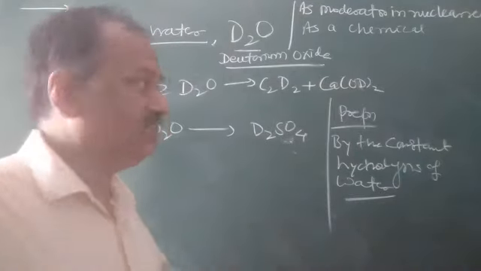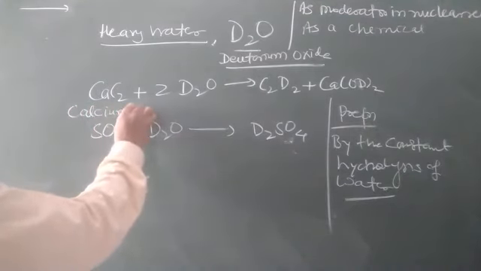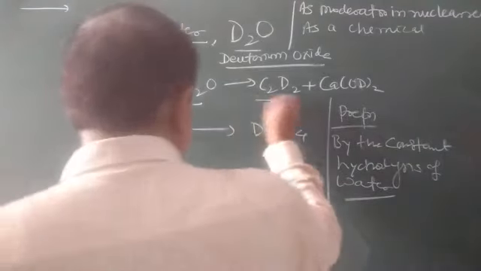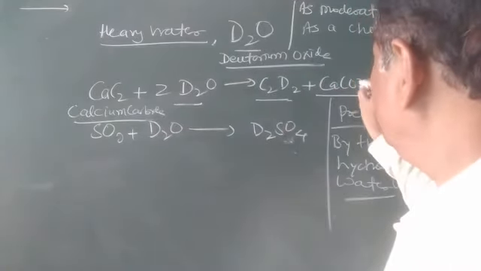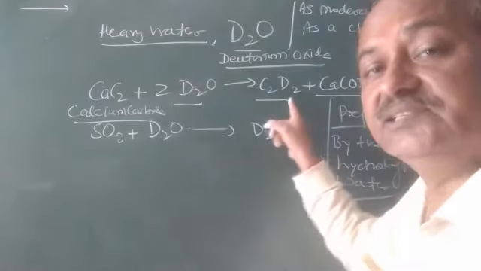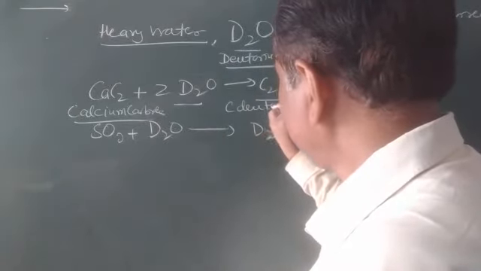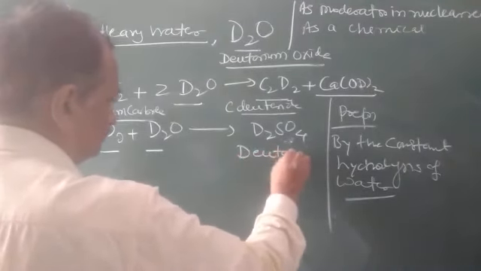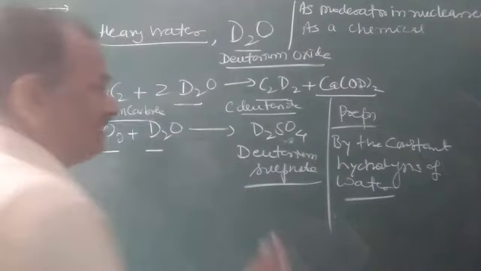It reacts with some substances like, say, if you take calcium carbide and this is deuterium oxide or heavy water, there is formation of deuterated acetylene and calcium deuteroxide. Similarly, if you take SO3, there is deuterium sulfate, just like H2SO4.